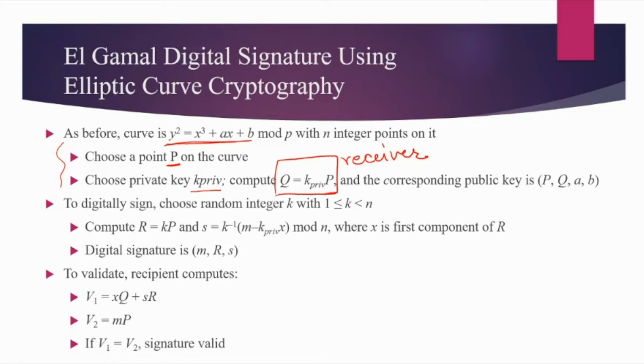Now, to digitally sign it, I will choose a random number K. This is key generation. This is signing, which corresponds to encryption in ECC, and this is verification. Signing and verification are a little bit different in elliptic curve digital signatures.